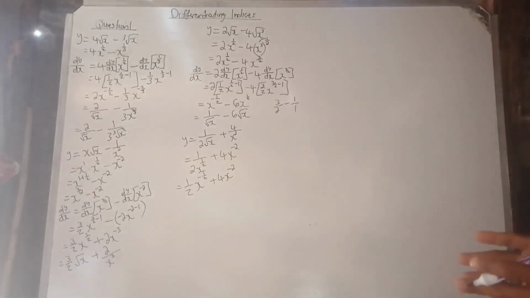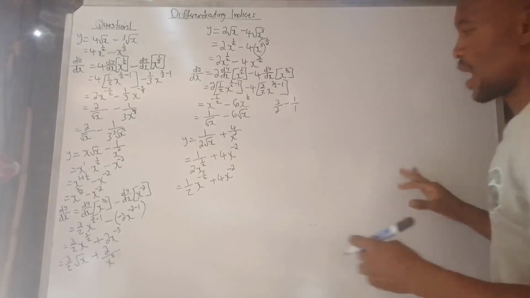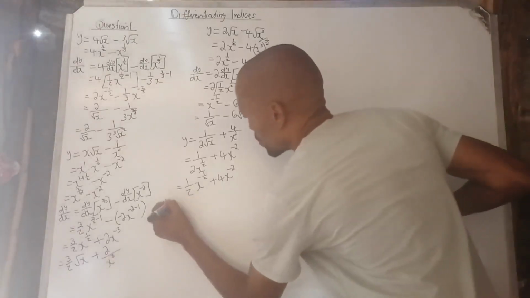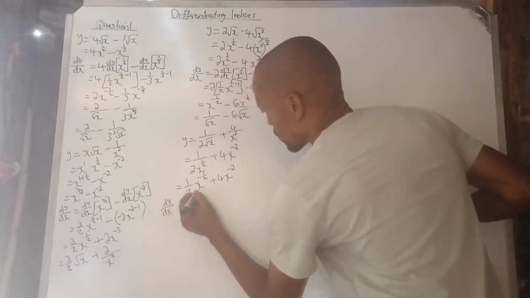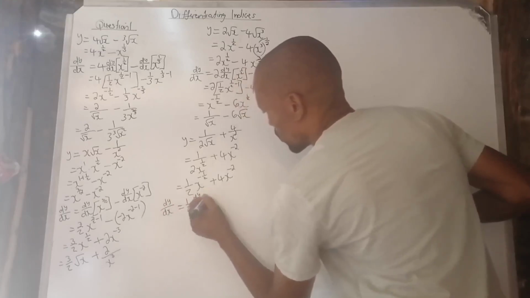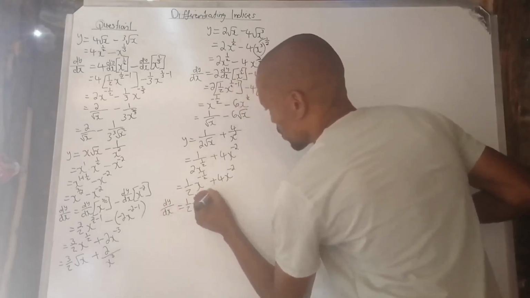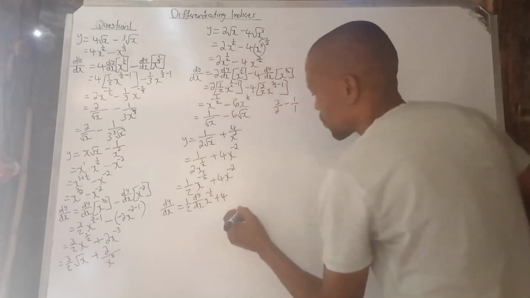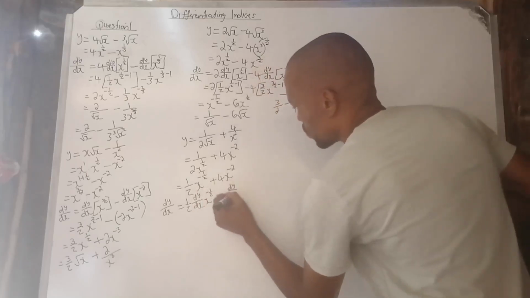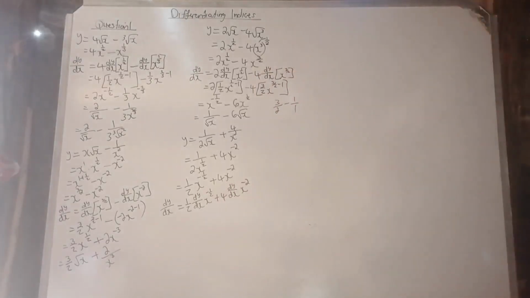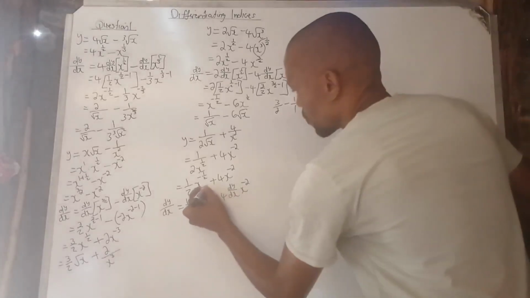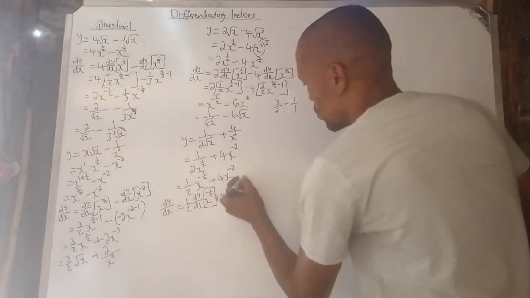Now, I need to differentiate. I can say dy over dx equals 1/2 dy over dx of x to the minus 1/2, plus 4 dy over dx of x to the minus 2. Very, very important. In order not to confuse you, I'm going to do this.